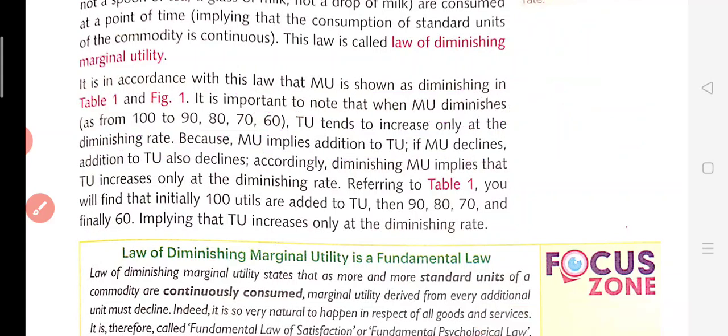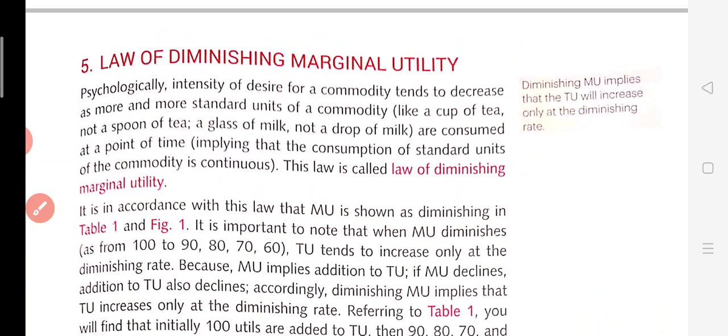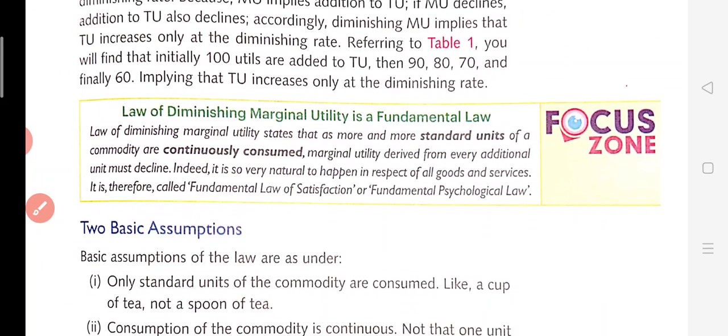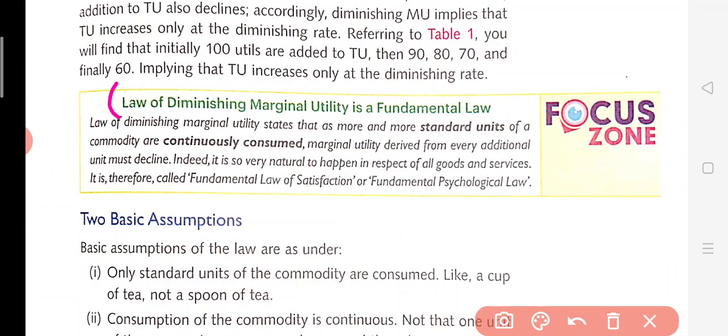The law is very simple, and I think the straight answer is given here. You can just note it down. You can pause the video and write this definition in your copies.